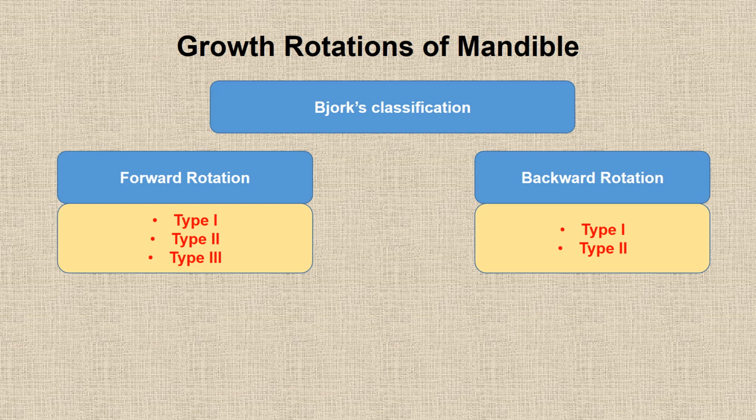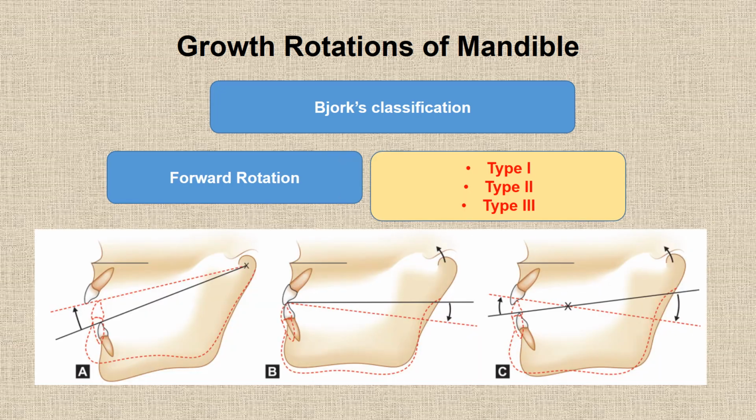Now, growth rotations of the mandible, there are a few classifications. The original classification by Bjork was that he classified it into forward rotation and backward rotation. The forward rotation is further classified into type 1, type 2, type 3. Backward rotation has two types. Now, in forward rotation type 1, the fulcrum of rotation is in the condyle.